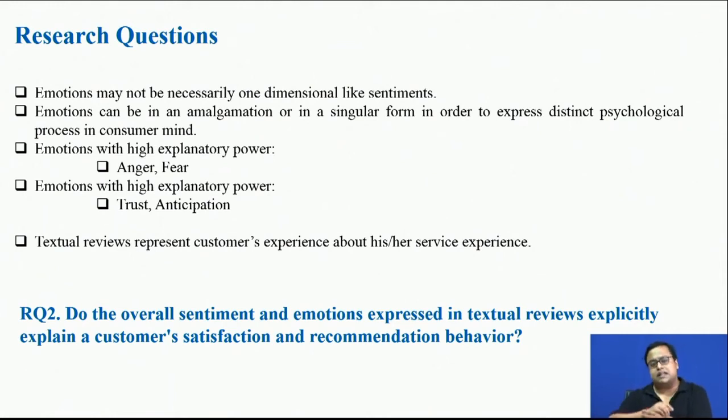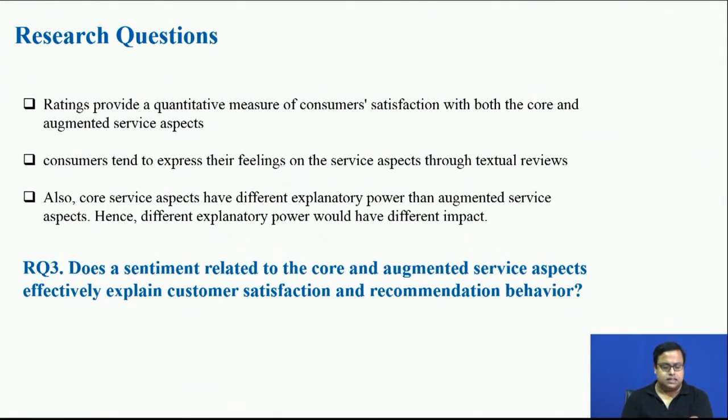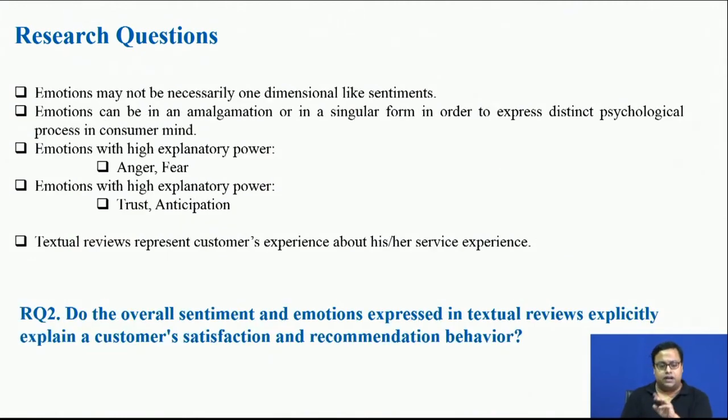Till now we have discussed how to find out the overall sentiment from a text using NRC or Bing or any library. But here I am discussing how to find out the aspect-wise information. So, this is: do the overall sentiment and emotions explain textual reviews, and the next research question is, does the sentiment relate to a core and augmented aspect? These are the two things that we are trying to find out.